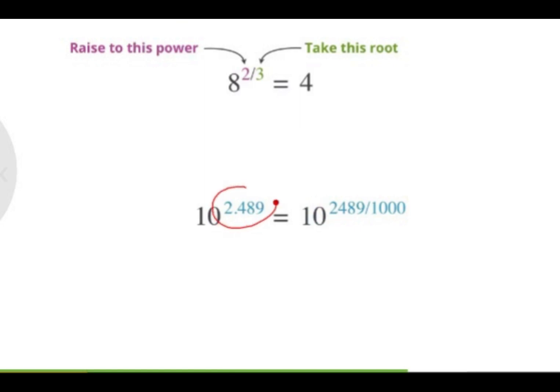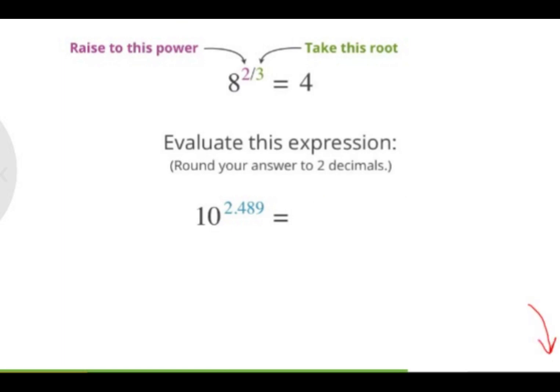So whenever you see a decimal exponent, you can also think of it as a fractional exponent. So how would you evaluate this? Raising to the 2,489th power and taking the 1,000th root seems pretty tough. So instead, try using the calculator to evaluate this expression and round your answer to 2 decimal places.